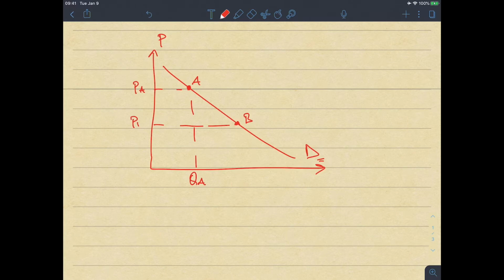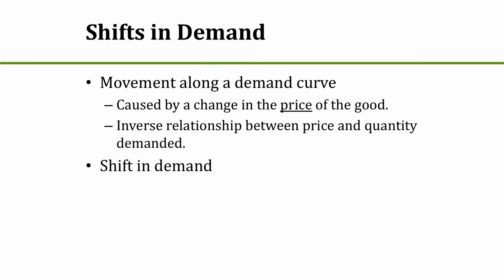The final price is going down. Since there is an inverse relationship between the price and the quantity demanded, the final quantity demanded will be at QB. So we are on the same demand. Demand is not moving anywhere, we are only moving on the demand curve. This kind of movement happens only if there's a change in the price of the good or the service we are talking about.